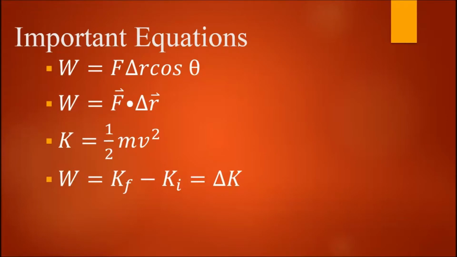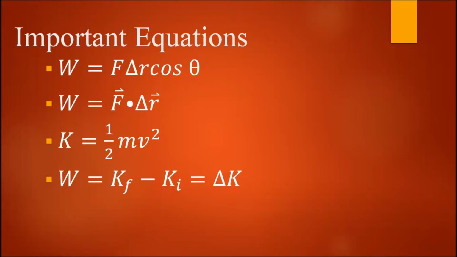The important equations from this lecture are the following. Work is equal to the magnitude of the force times the magnitude of the displacement times the cosine of theta, where theta is the angle between the force and displacement vectors. This is equivalent to the dot product of the force and displacement vectors.